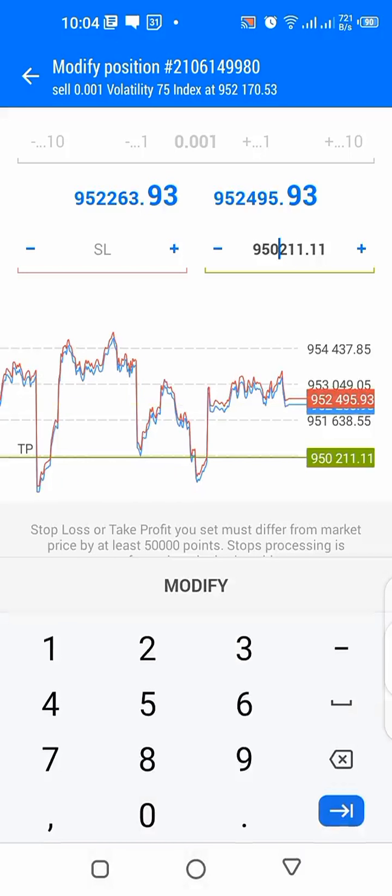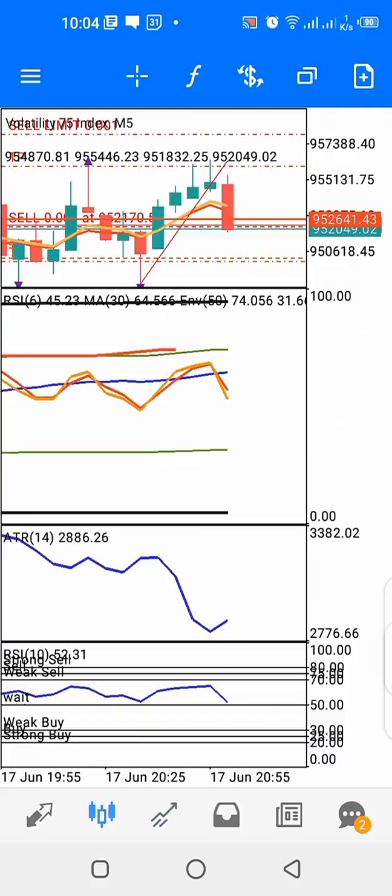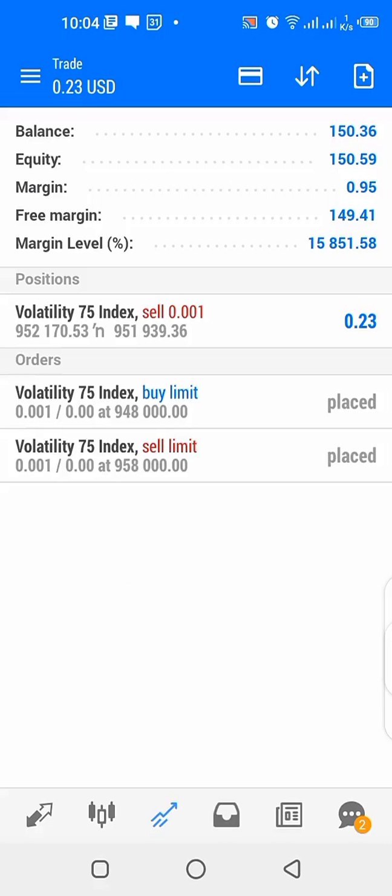So I'm going to try to put my take profit at around 2,000 points, so that my trade will close in profit before price gets down to the buy limit below. I don't want my trade to be running and at the same time price triggers my buy limit.